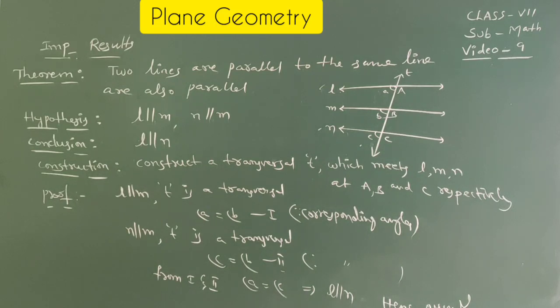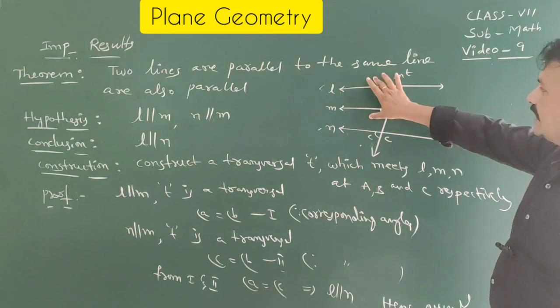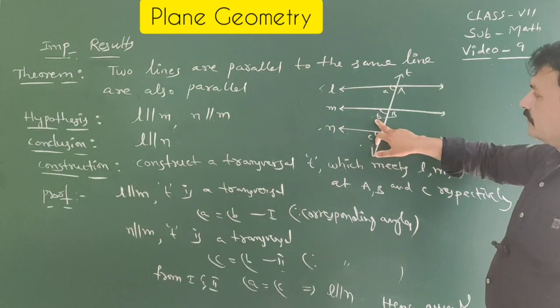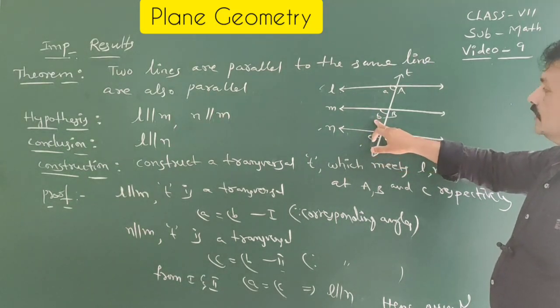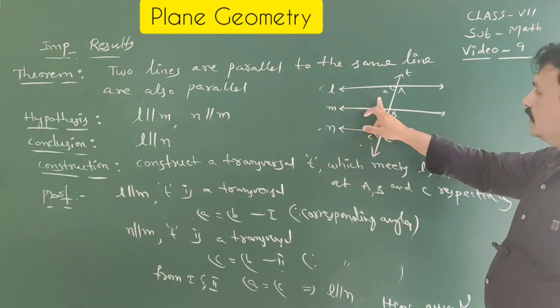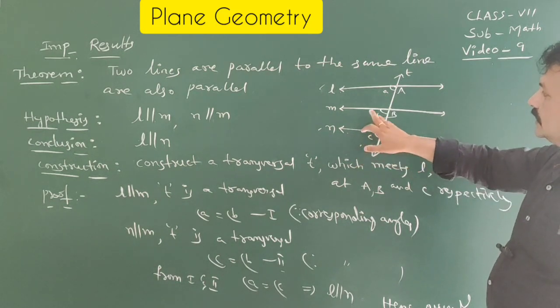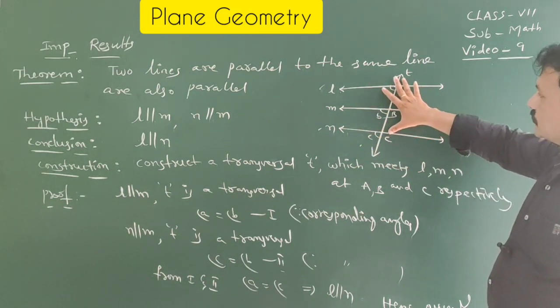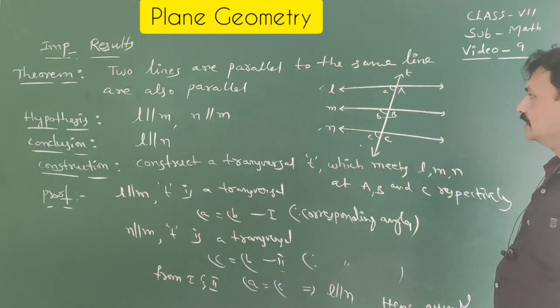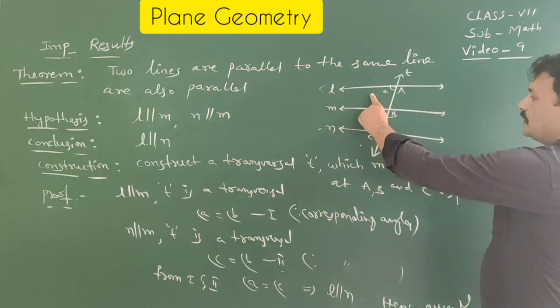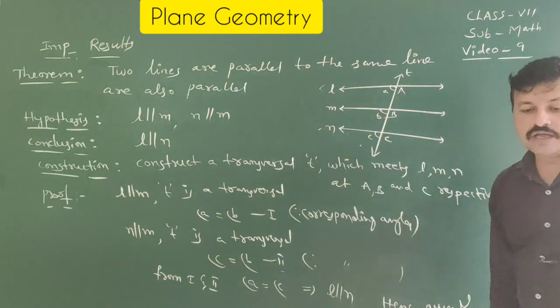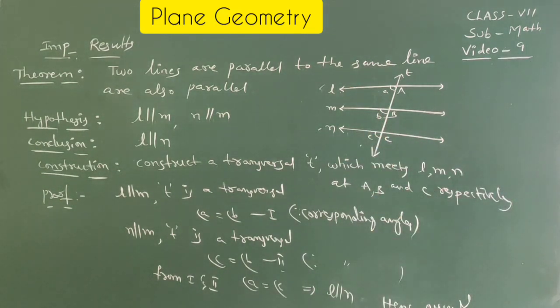Here L is parallel to M and the transversal gives A and B; with N and M, we have C and B. A is equal to B and C is also equal to B. Two things equal to the same thing are equal, so A equals C. Since it is a transversal meeting L and N at two distinct points, if the corresponding angles formed are equal, the lines are parallel, according to the converse of the corresponding angles axiom. So with the help of the theorem we can say these two are parallel.